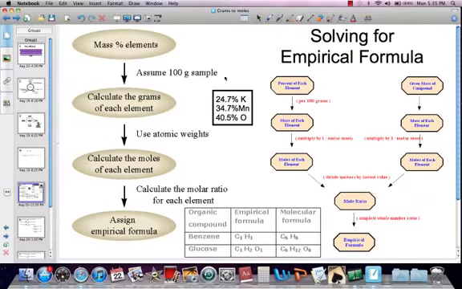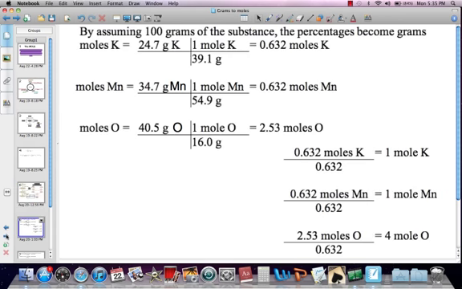So if we took this one right here and tried to solve for empirical formula, the first thing I would do is drop the percentage and write grams, grams, and grams. Convert grams to moles, grams to moles, grams to moles. That's going to give me 0.632 moles of K, 0.632 moles of manganese, 2.53 moles of oxygen.